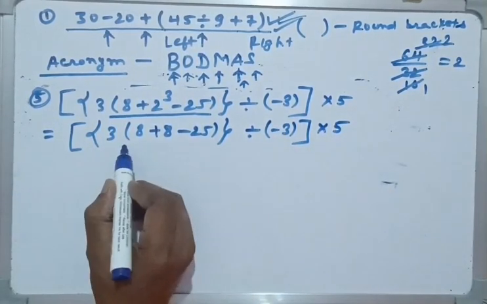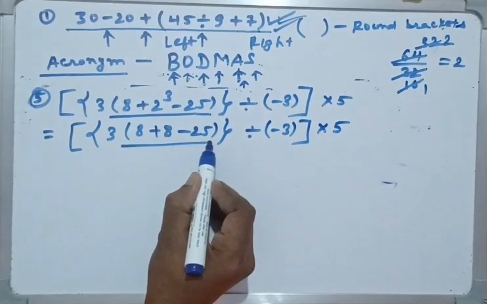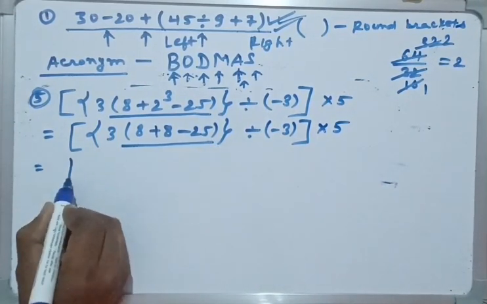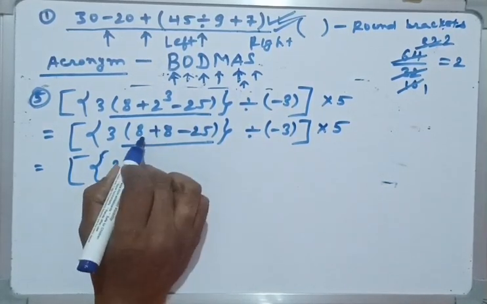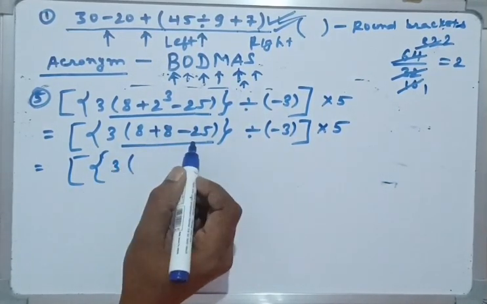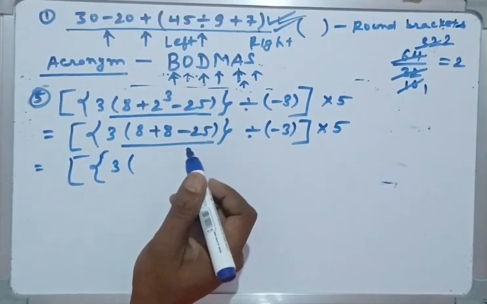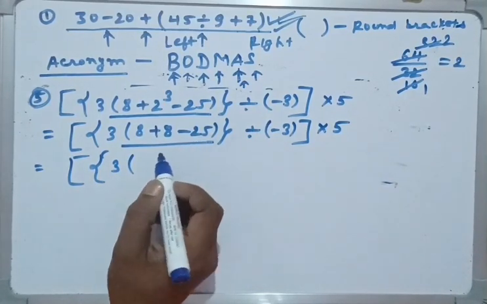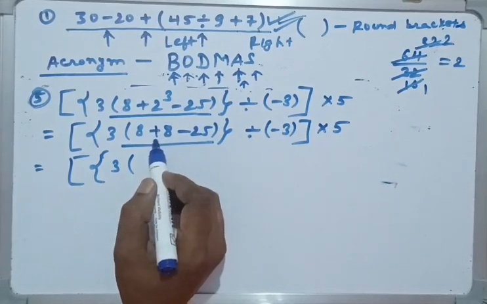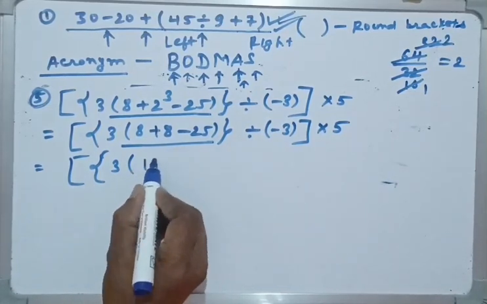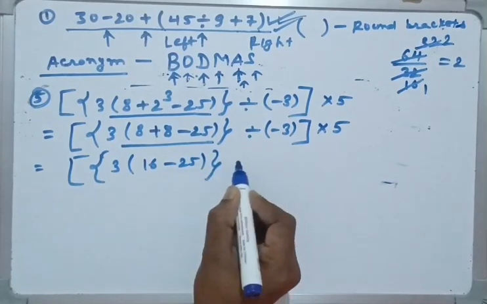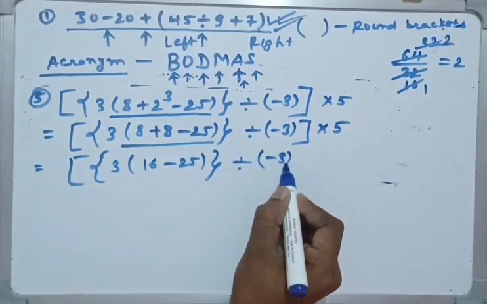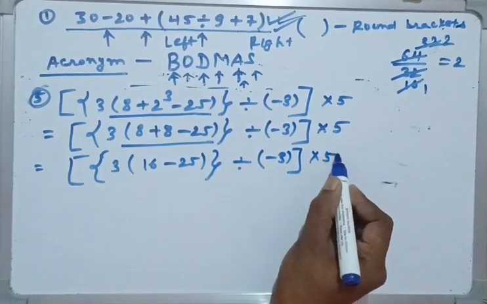So again we solve this round one. We can write this as 3 here. Which one do you solve first? Here it is addition first, then 16 minus 25, then this one is a division, then minus 3, then multiply by 5.